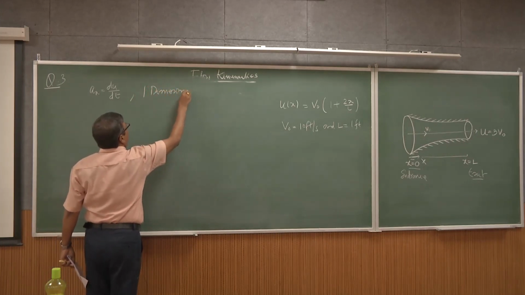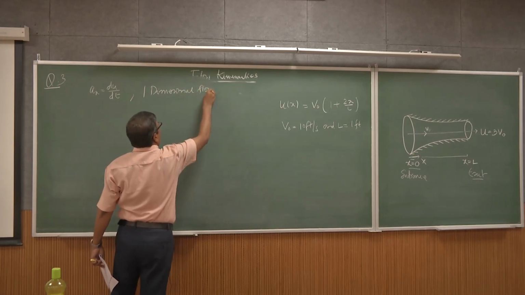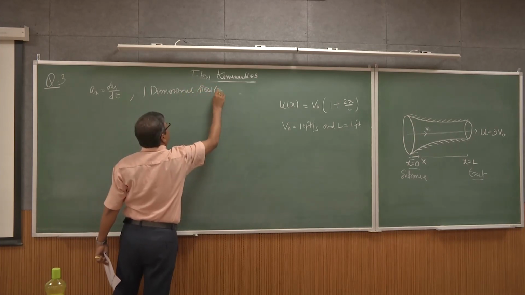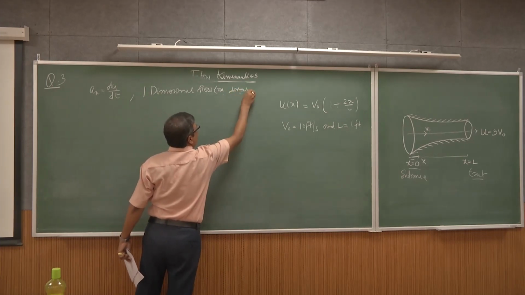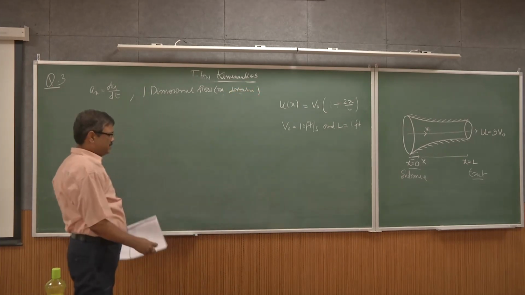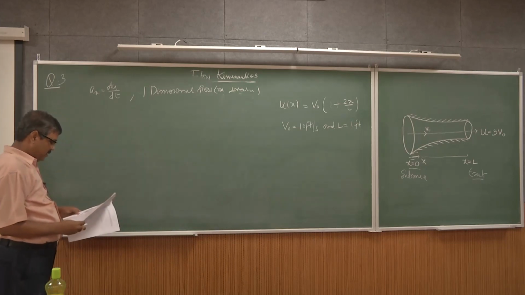As given in the figure, I am just highlighting it. This is a one-dimensional flow, only the x direction component is what we have.